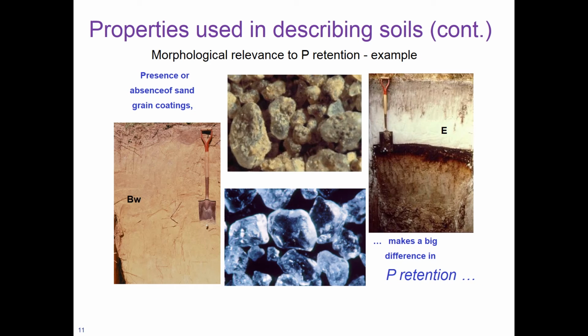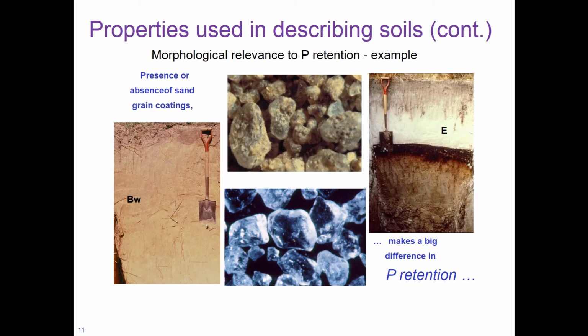We don't have to look too far to find an example of how Florida soil morphology is relevant to phosphorus dynamics. People from other parts of the country may think of Florida as a pile of sand, but in truth, soils that fit the textural class of sand can differ markedly in properties. These differences relate in large part to the presence or absence of sand grain coatings, which can retain moisture and phosphorus.